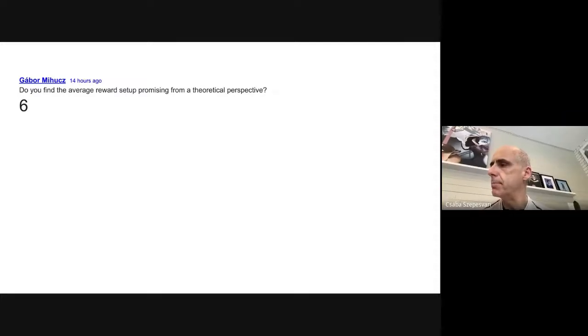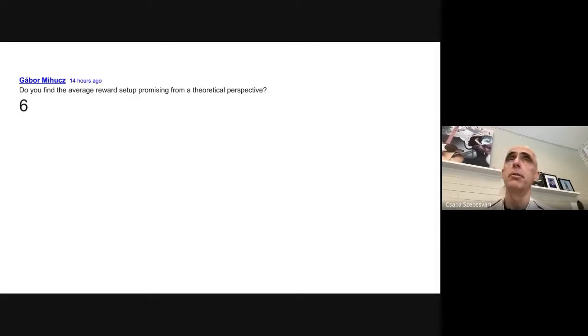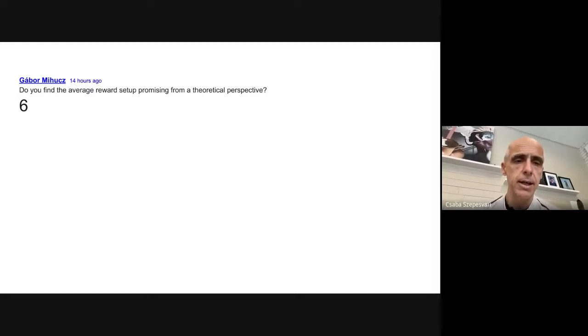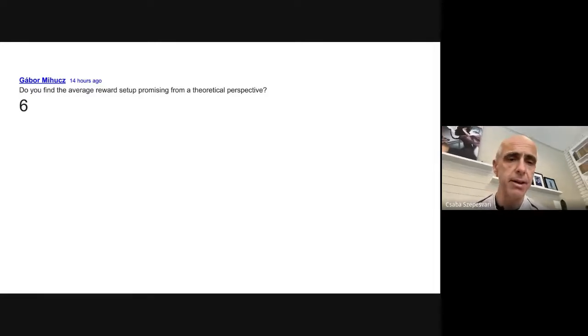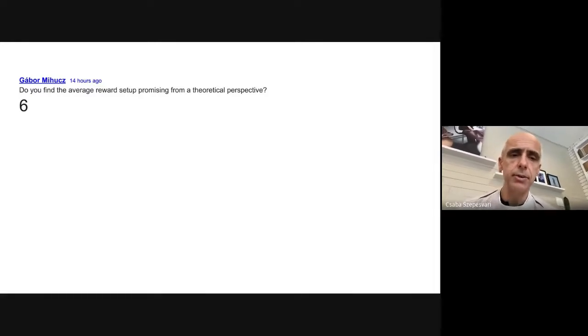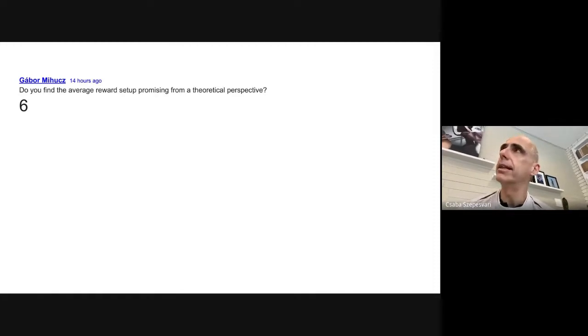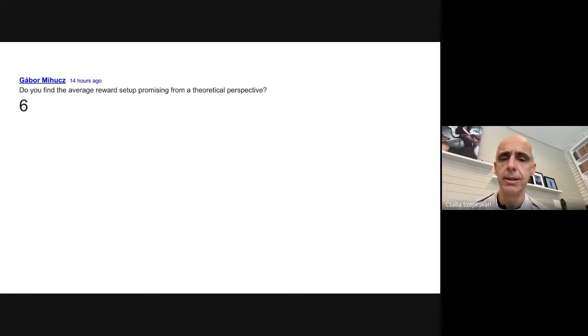So there's been a lot of work on the average reward case, mostly in the control community. And the RL community is less inclined to work on the average reward setting. I think it's just a question of taste, biases and history. And also because it's not trivial how reasonable that setting actually is.